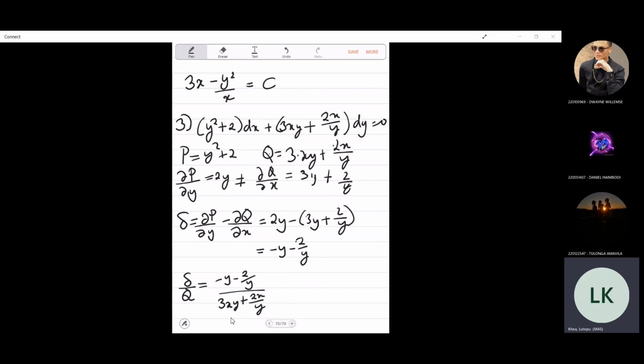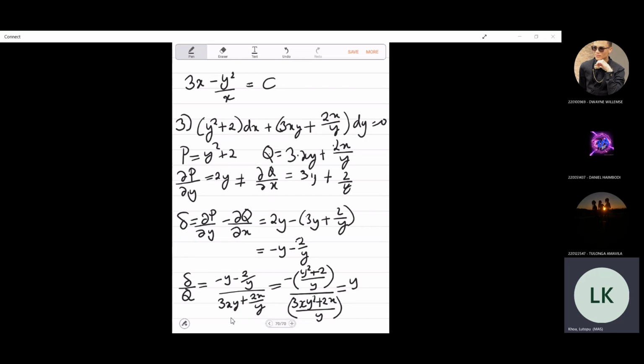Let's see. Let's simplify this. Okay, this is negative, and then I have y squared plus 2 over y, divided by 3x y squared plus 2x over y. Sorry, this is a plus here.